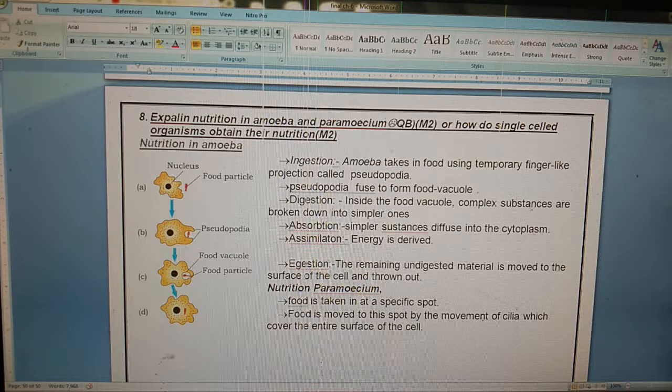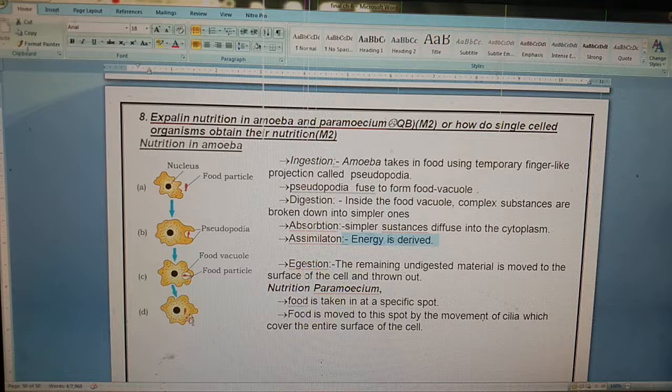Inside the food vacuole, complex substances are broken down into simple ones. Absorption, we know very well: the cytoplasm absorbs the food material. Assimilation: in the cytoplasm, energy is derived from the food material.